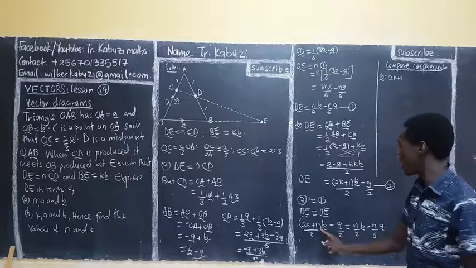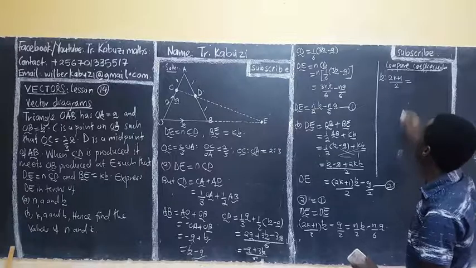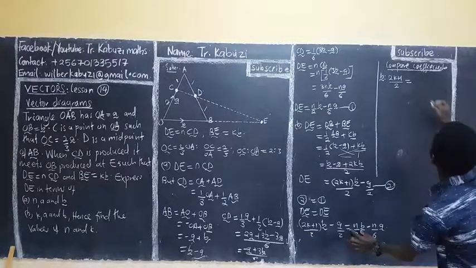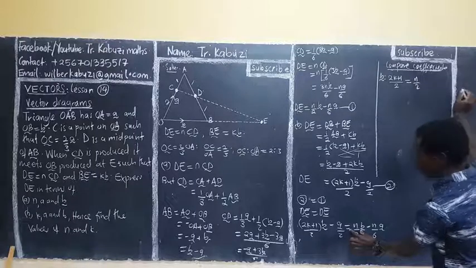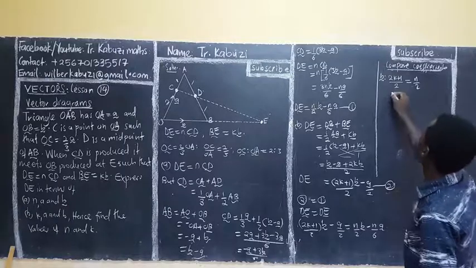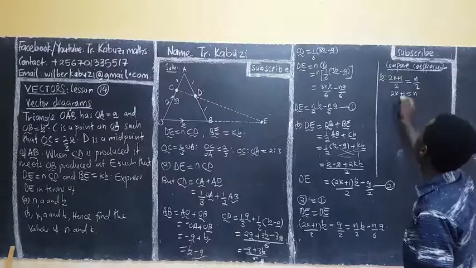The coefficient of B on the left is (2K plus 1) over 2, while it is going to be equal to the coefficient of B on this side, which is N over 2. Since 2 is common, from here 2K plus 1 is equal to N.